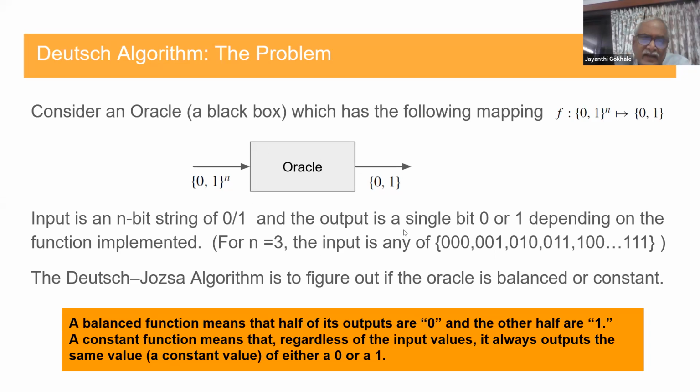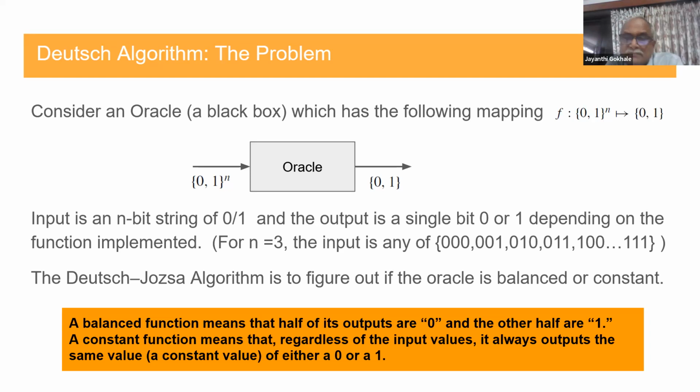So having identified what an oracle is, let us now define the meaning of this algorithm. We will now talk about the Deutsch-Jozsa algorithm. The Deutsch-Jozsa algorithm essentially is a general definition of an algorithm which tells me whether the oracle is balanced or constant.